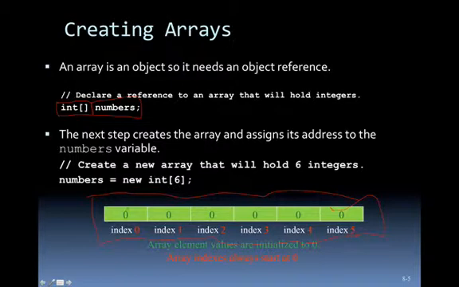Each block here is an element or an item in that list or collection, whatever you want to call it. And each one of those items has what we call an index or a subscript, and it starts at 0. All arrays or lists start at 0.